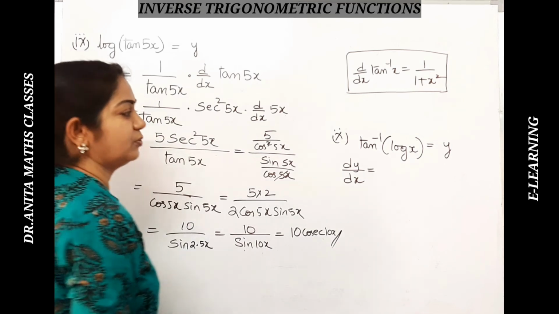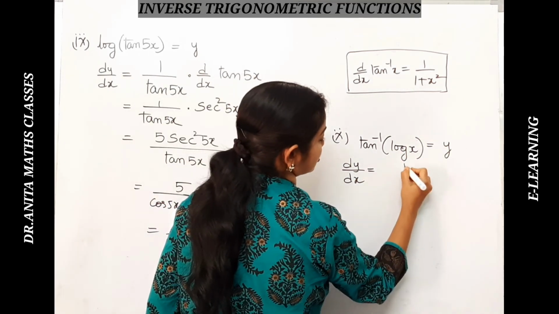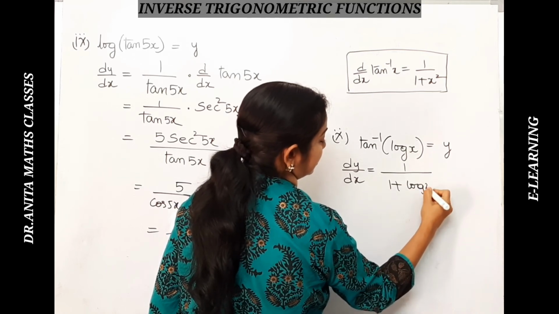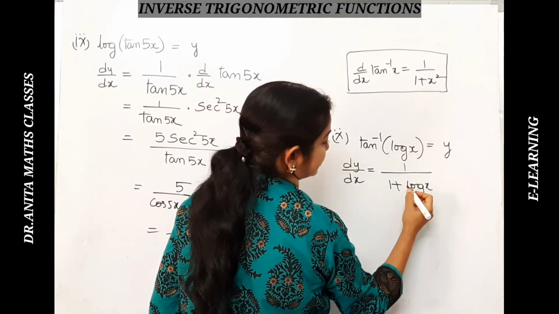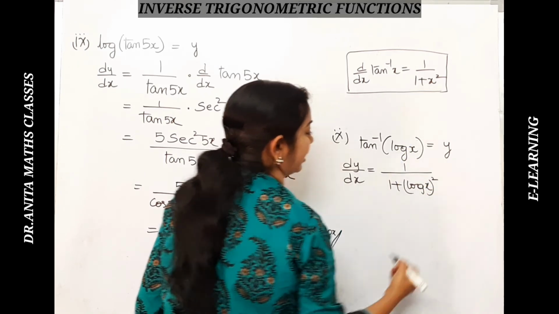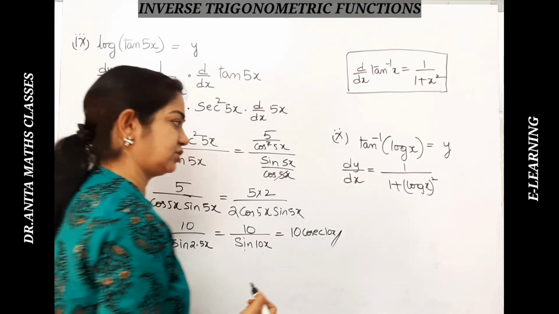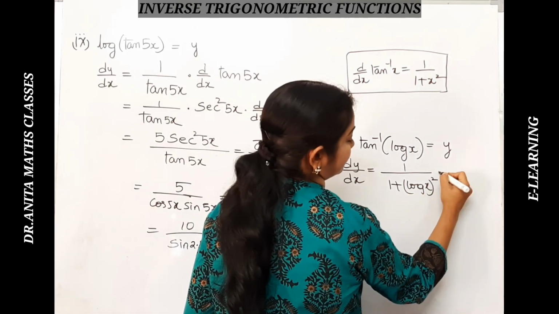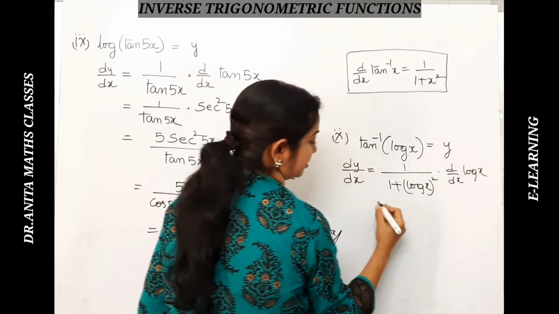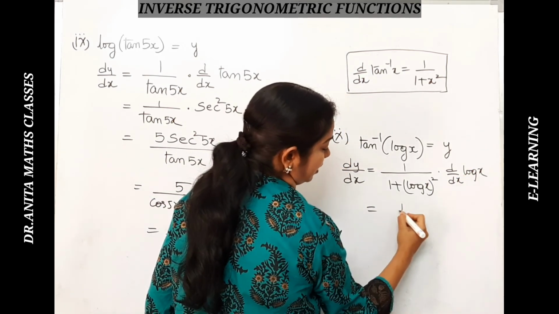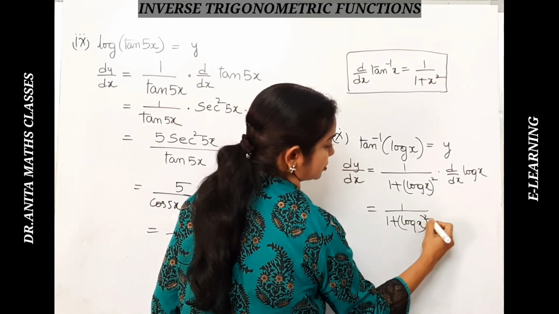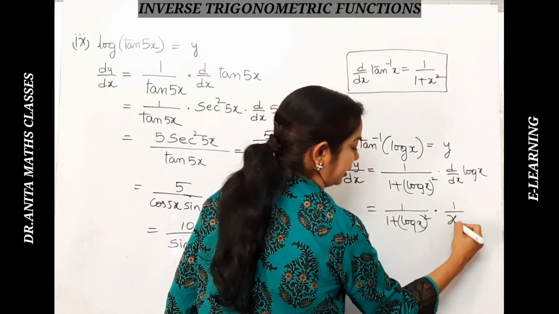Here the x is log x, so 1 upon 1 plus log x whole square. Again, since we have to apply the chain rule, we take d by dx of log x, which is 1 by x.